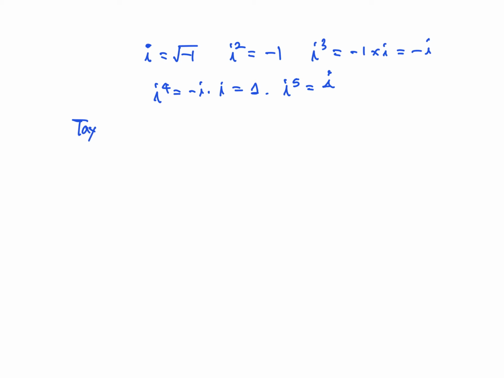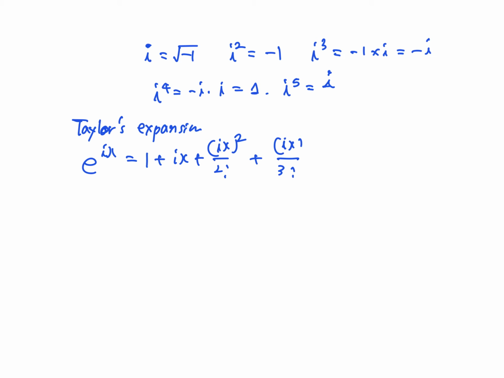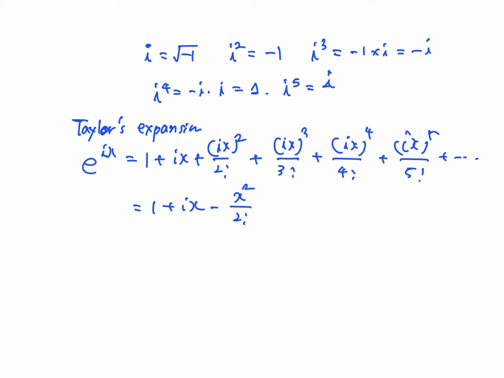So by Taylor expansion, we can have exponential ix as 1 plus ix plus (ix) squared over 2 factorial, plus (ix) cubed over 3 factorial, plus (ix) to the 4 over 4 factorial, plus (ix) to the 5 over 5 factorial, etc. So it's 1 plus ix. i squared is minus 1, so it is minus x squared over 2 factorial, minus i x cubed over 3 factorial, plus x to the 4 over 4 factorial, plus i x to the 5 over 5 factorial.